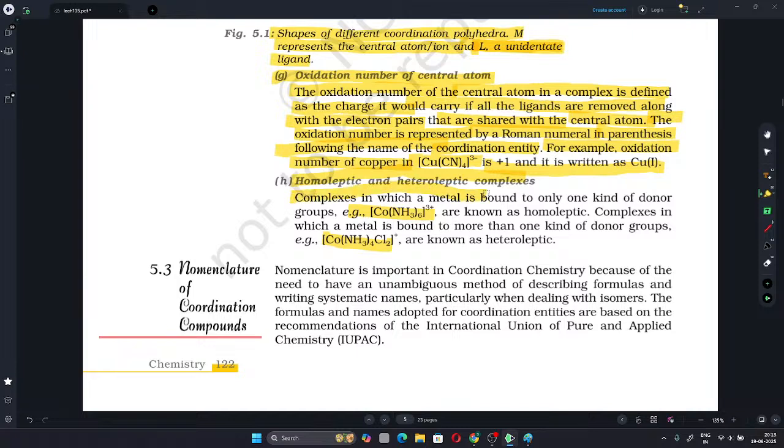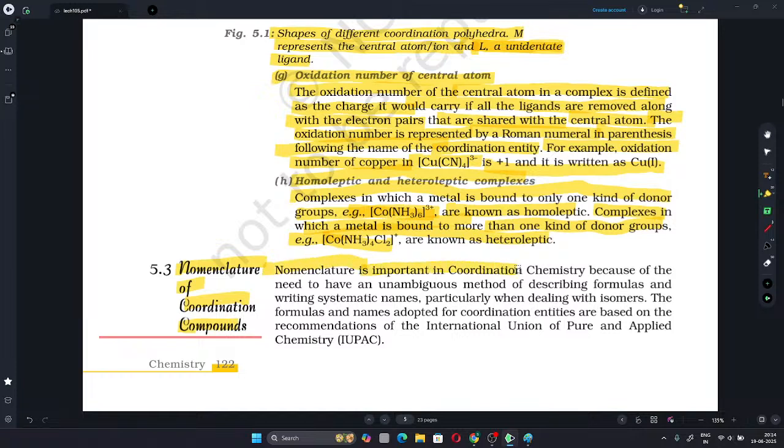Complexes in which a metal is bound to only one kind of donor group are known as homoleptic complexes. Complexes in which a metal is bound to more than one kind of donor group or ligand are known as heteroleptic complexes.